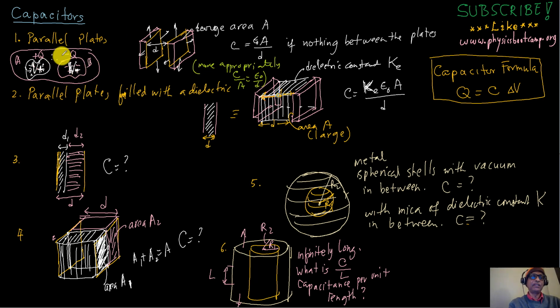Now suppose this is air here. If I keep putting more charges on these plates, eventually the voltage difference will be so large that you'll start to get a spark from here, maybe. So electrons will jump from here and go over there.